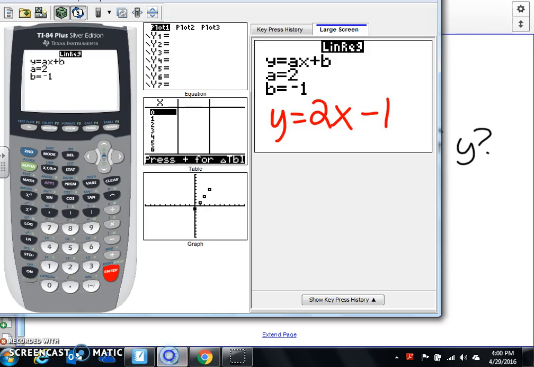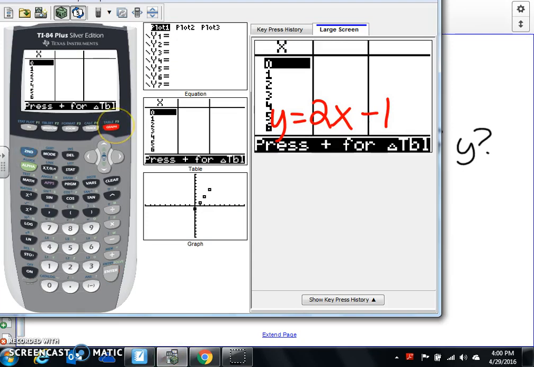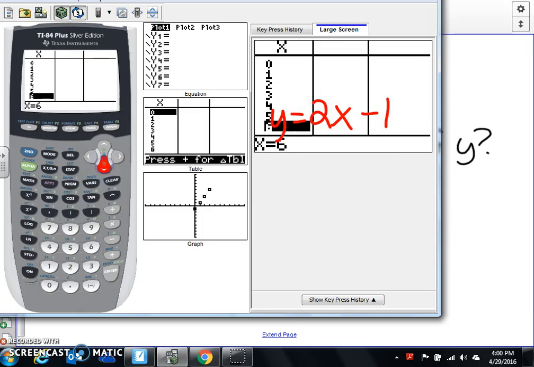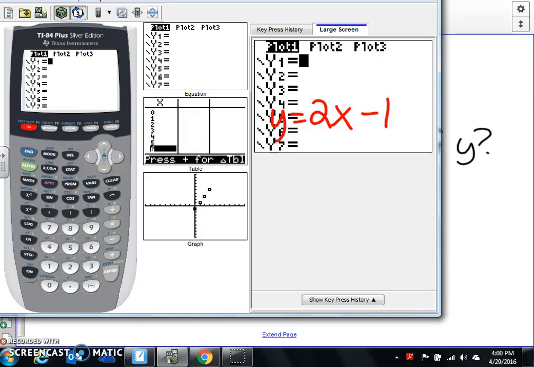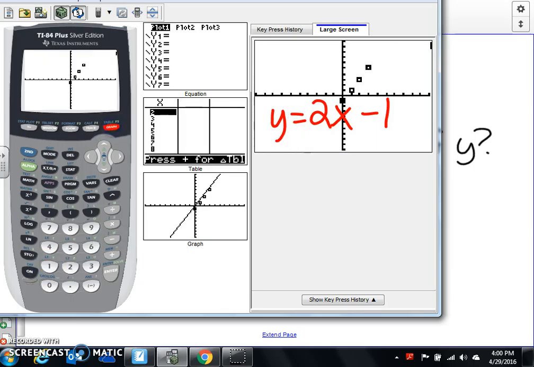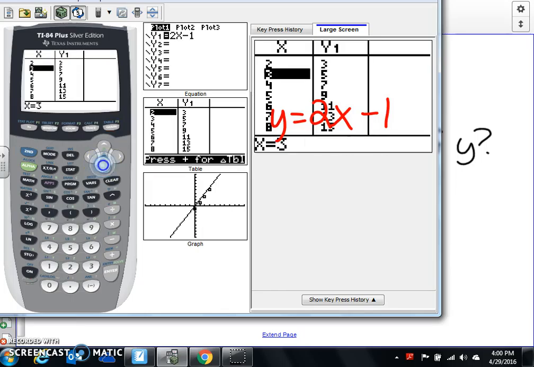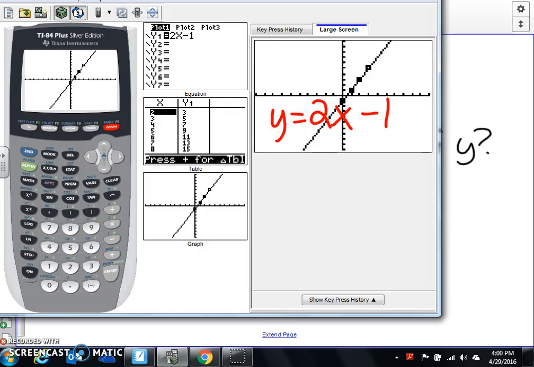Or you can go back to your calculator, go to your table, x is 8. Oh, I forgot, guys. If we want to use our table, then you have to plug it into y equals. So 2x minus 1, my bad, and then go to your table. So you scroll down to 8, and sure enough, 8 is 15. If I went back to the graph, do you notice how now that I put in the line, it went through my points? That's what should happen, because that means that is the line that goes for those points.